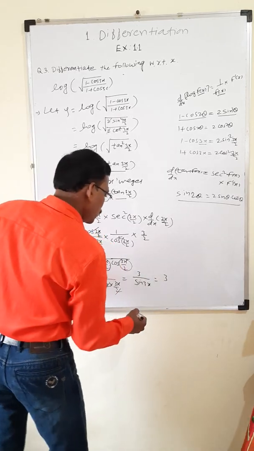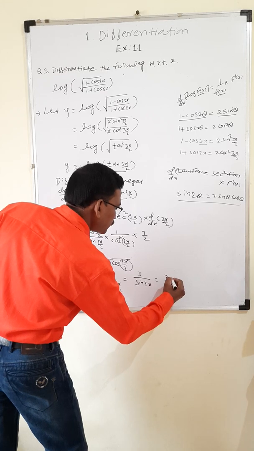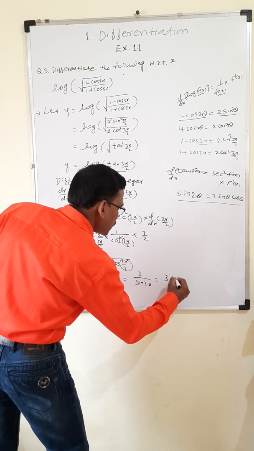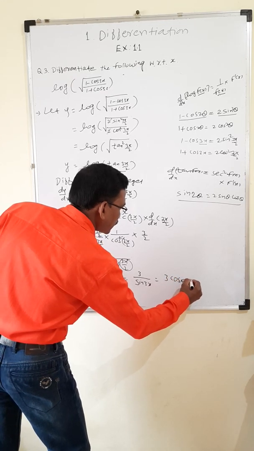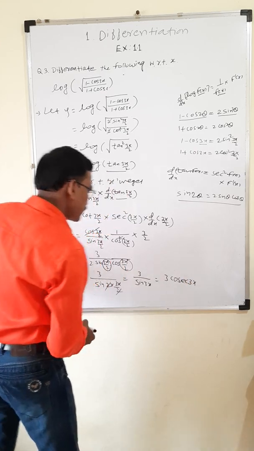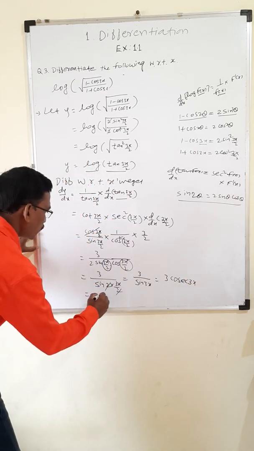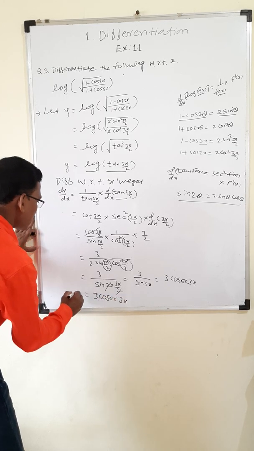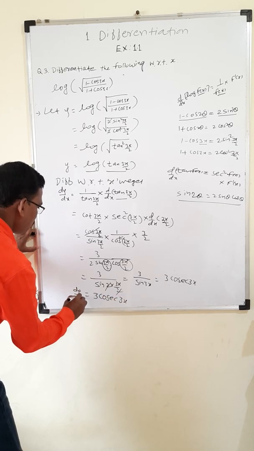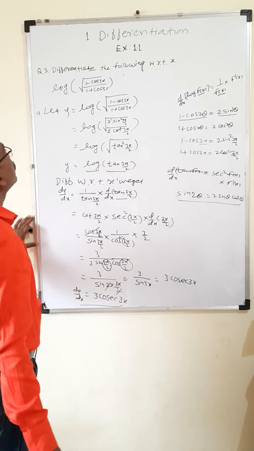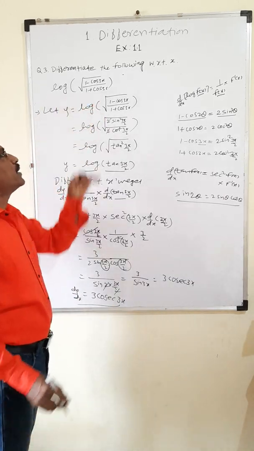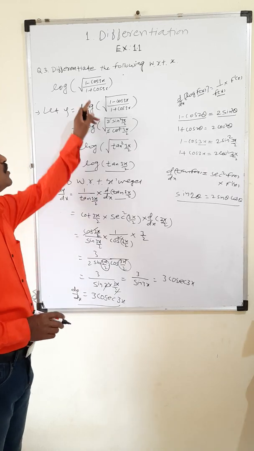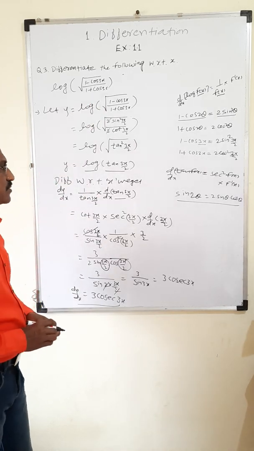So the final derivative is 3 cosec 3x. This is the derivative of log of root of 1 minus cos 3x upon 1 plus cos 3x.